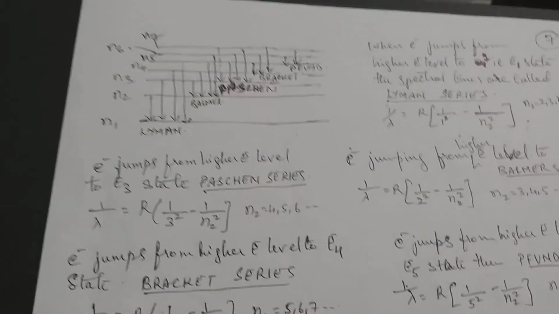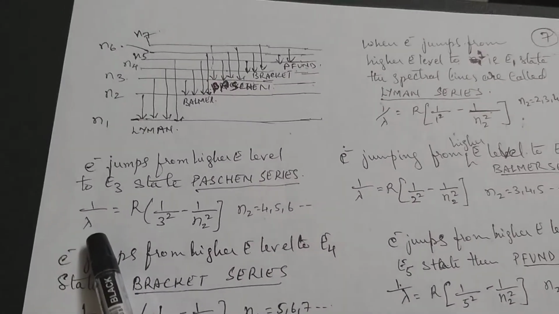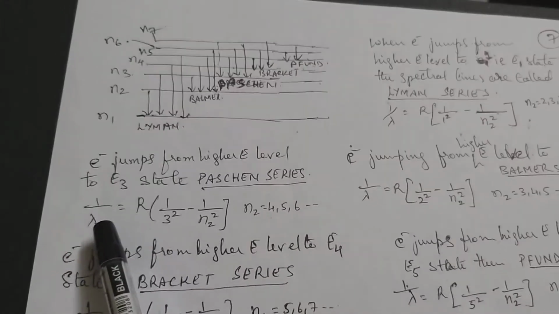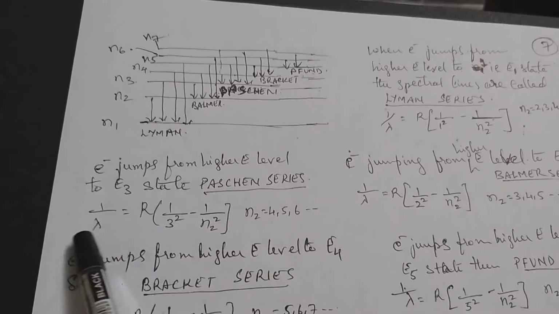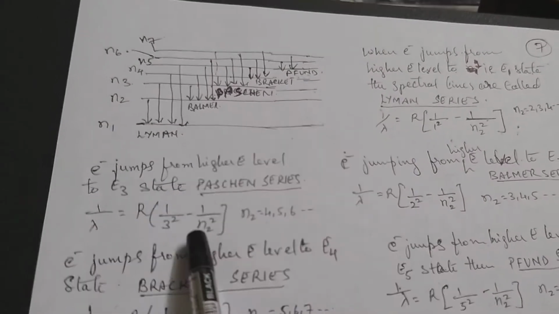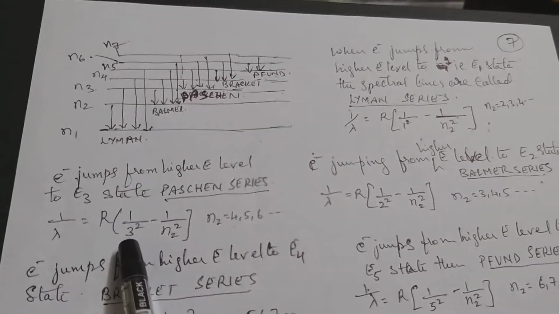Each spectral line has a particular wavelength lambda pertaining to that spectral line, and it follows this equation. n2 is the excited state and n1 is the ground state.